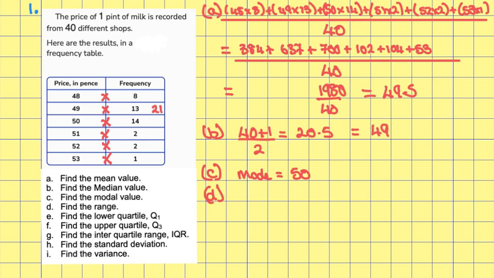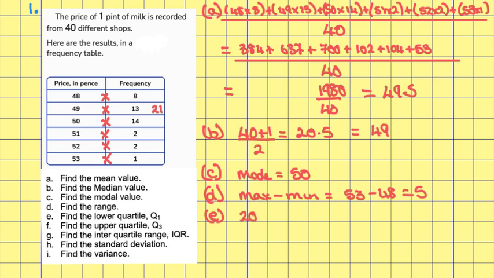D, the range. Well, the range is the maximum value minus the minimum value, which is 53 minus 48, which is equal to 5. E, the lower quartile, well, that's the median of the bottom half of the data.